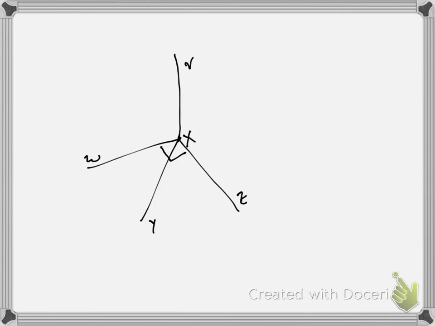It also tells you that WXV is 11 more than 3 times whatever WXY is, so 3 times WXY plus 11. That one is equal to that.